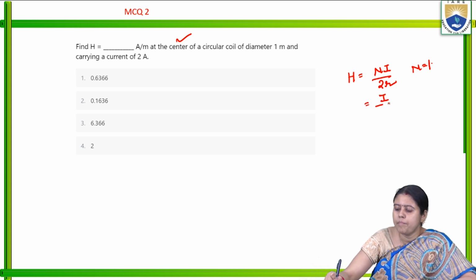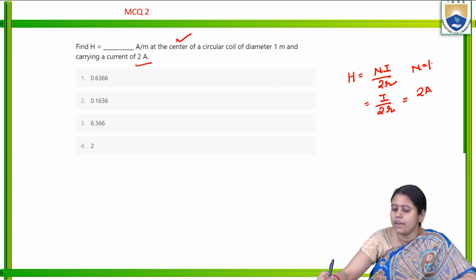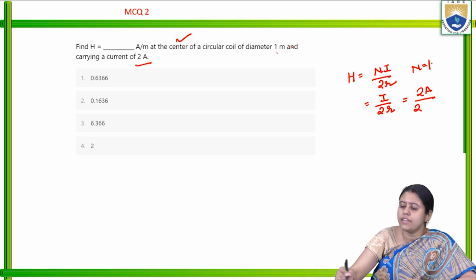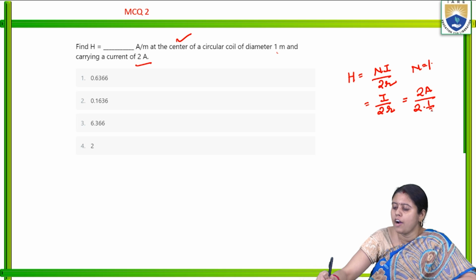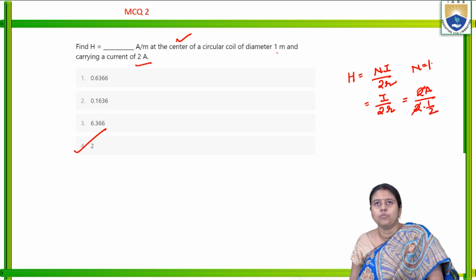So I by 2R. What is the value of I? I is 2 ampere, by 2 into R, where diameter is 1 meter means R is half. Half means it will come the 4 value, it is 2.